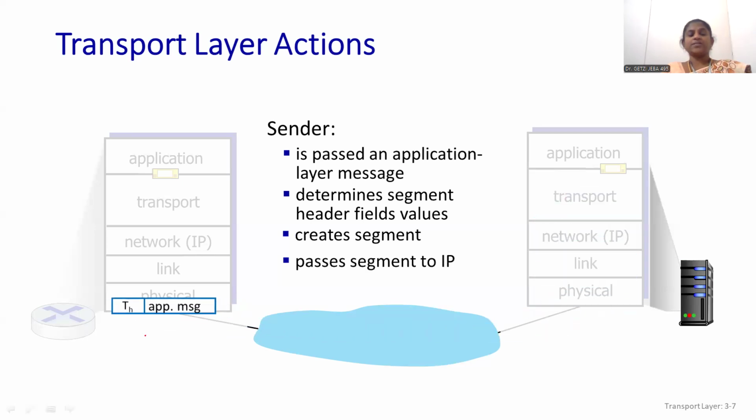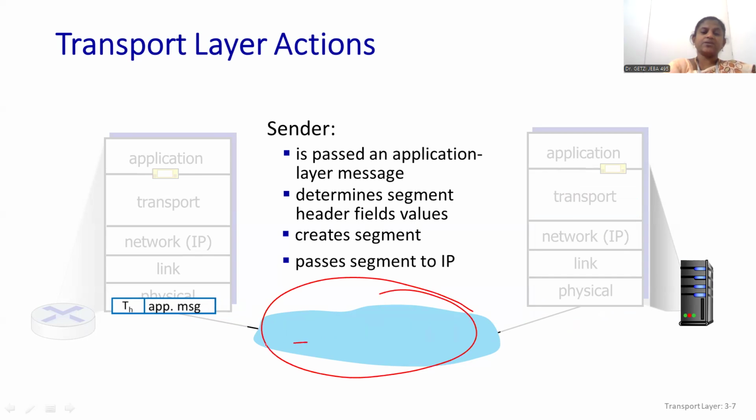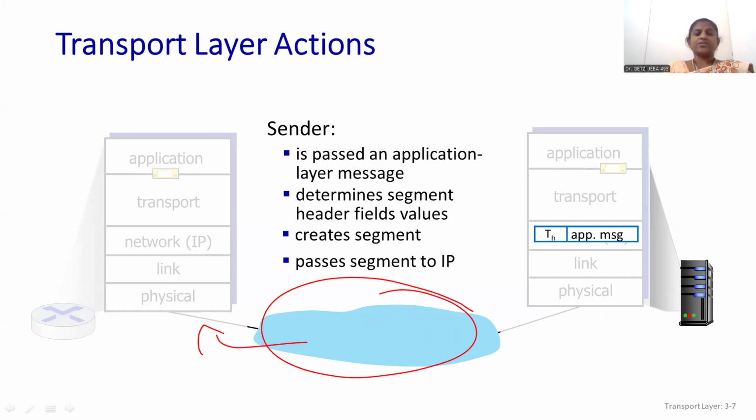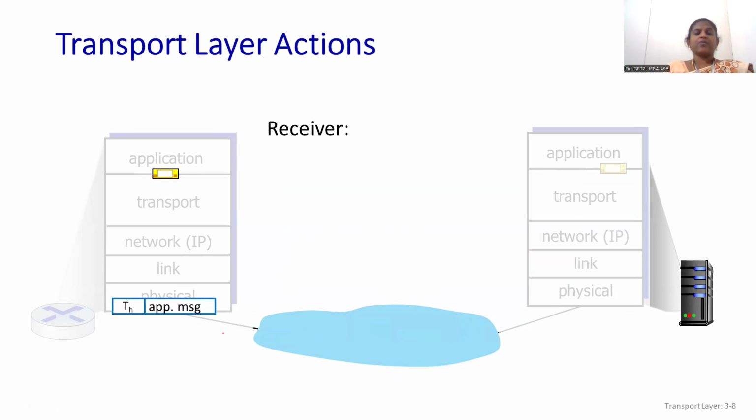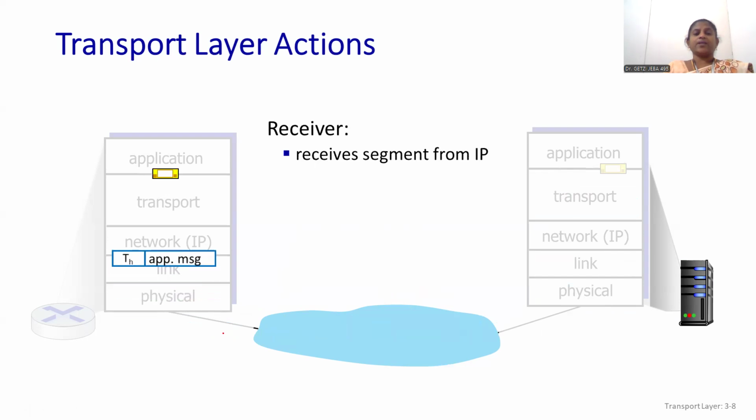Once that is done, it goes through the massive internet and reaches the receiver side. On the receiver side, it will first come to the network layer, and the network layer will check whether this is for that particular user.